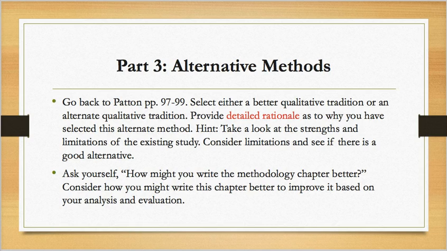Define it, tell us about the alternative method, and tell us why it might be an appropriate alternate method. So ask yourself, how might you write the methods chapter better? Consider how you might write this chapter better to improve it based on the analysis and evaluation. That's the overall question you should be asking in parts 2 and 3. Is there room for improvement? And if so, what does that look like?